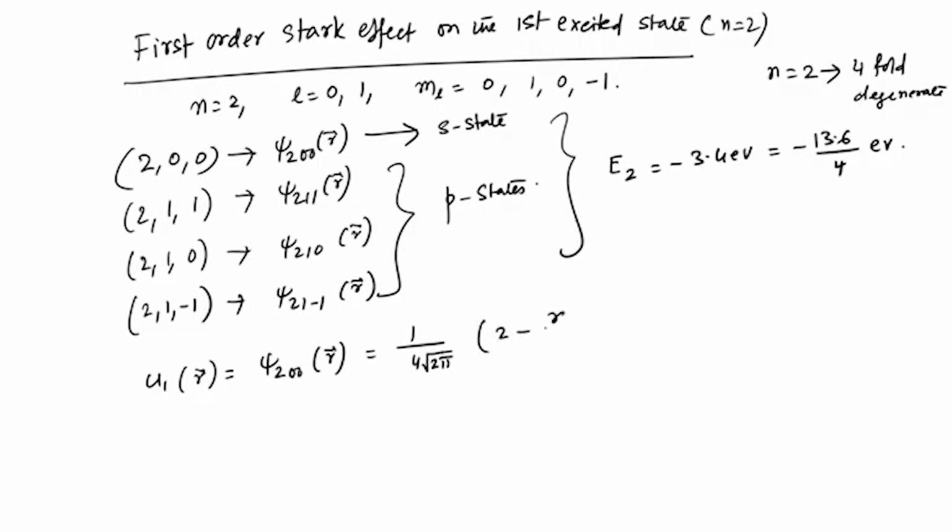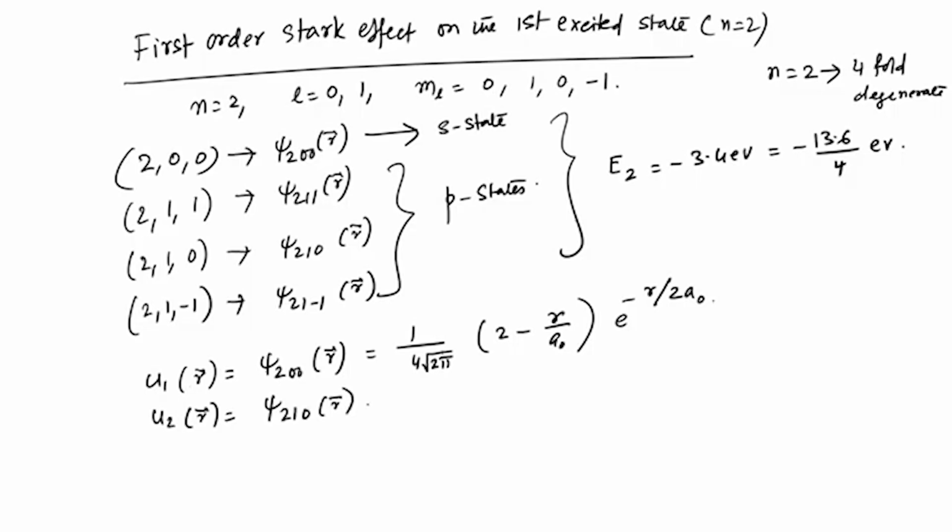So, this 2 minus r by a0, exponential minus r by 2 a0 and so on, and u2(r), this is equal to psi. Now, I do not use the ordering that we have done, so we write it 2 1 0.